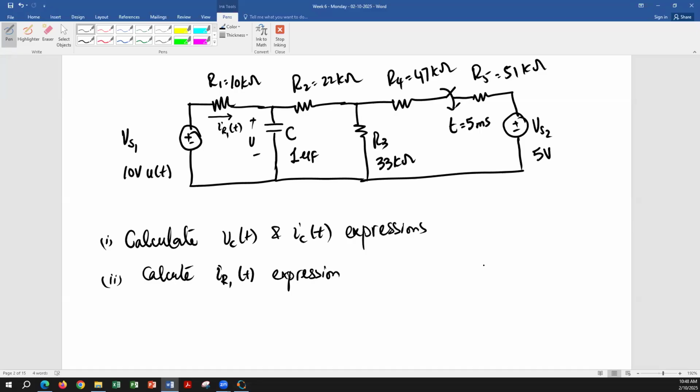Is any source activated at time t less than 0? IS1, there's no IS1. Yes, activated at time t less than 0. All right, anyone else? Jose?